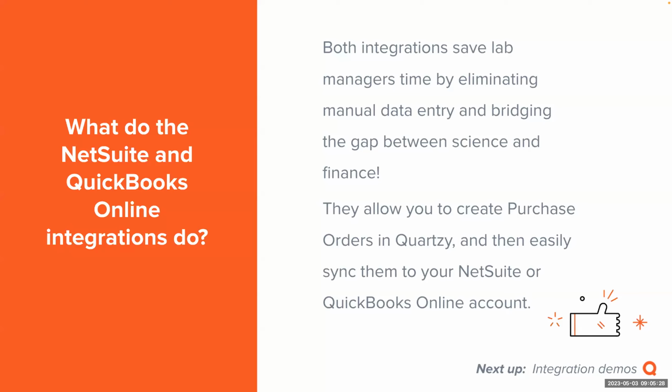It bridges the gap between science and finance, so you can review everything in one place, and your accounting team or finance team is on the same page as your lab. They allow you to create purchase orders in Quartzy, and then easily sync those purchase orders, along with all of the important information for those orders, to your NetSuite or QuickBooks Online account. Next up, we'll go through demos of each of these integrations.